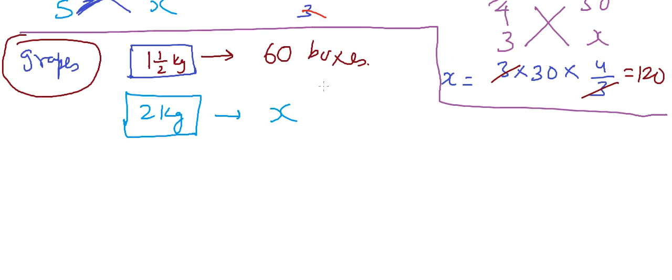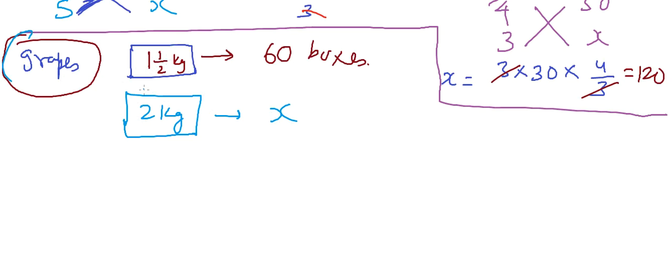So here what variation is this? First you have to identify what variation it is. Okay, if one quantity increases, logically what will happen to the number of boxes? See, the total quantity is the same. If he packs 1.5 kg in each box, he gets 60 boxes. But if he packs 2 kgs in each box, will the number of boxes be less or more? Obviously it will be less, isn't it?